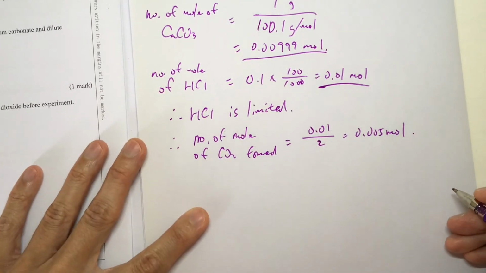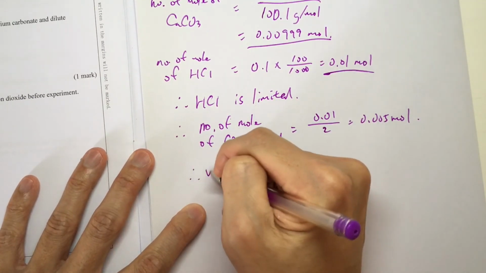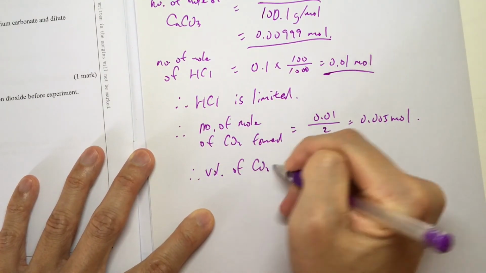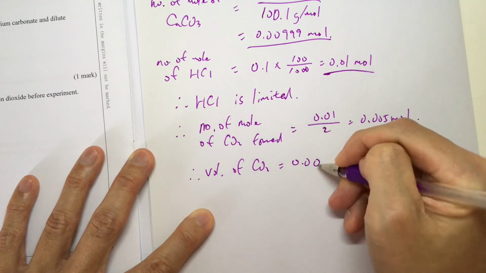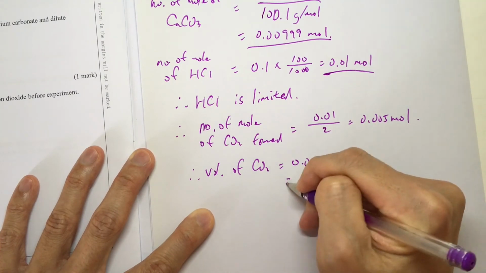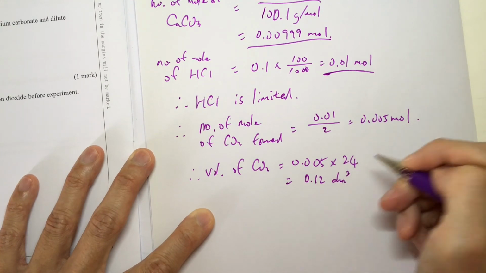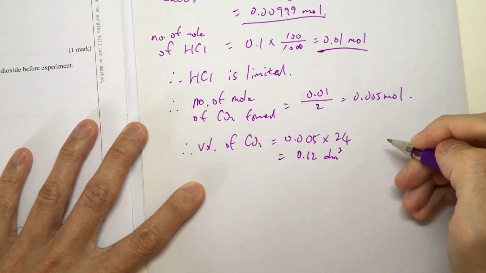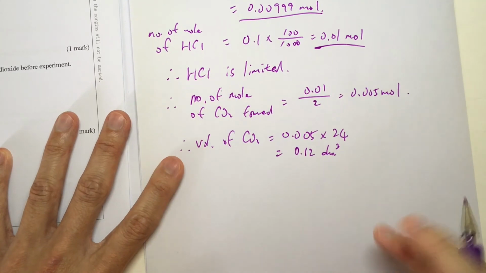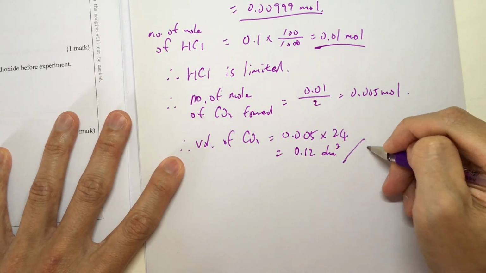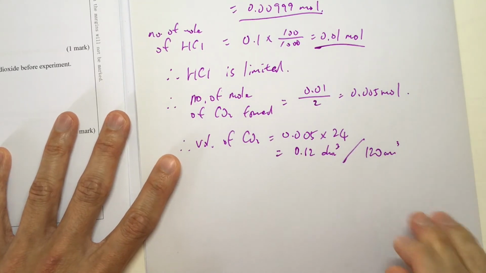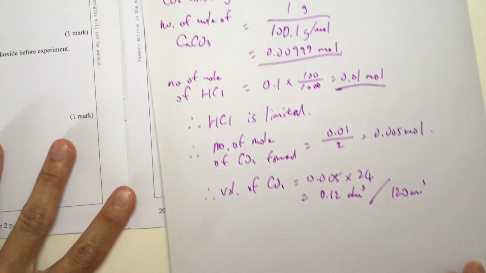And hence the volume will be, you can either express your answer in dm cube or cm cube. It's fine.